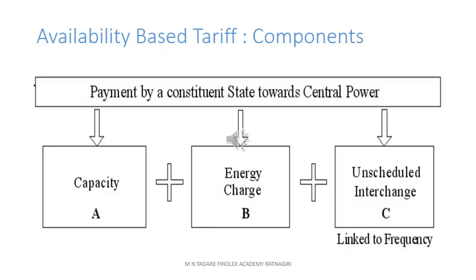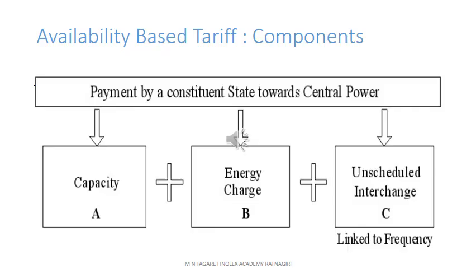Then the next point is operation and maintenance charges. The generating company has to do some maintenance, so that maintenance cost has to be recovered from the customer. Then they have to do insurance against accidents, for the safety of the working personnel, so they have to recover the premium of that insurance from the customers.